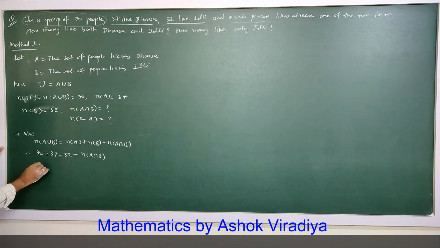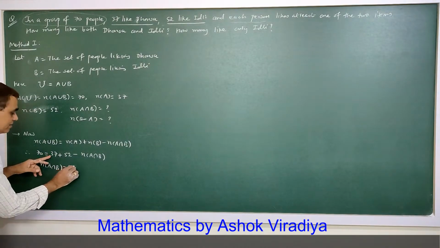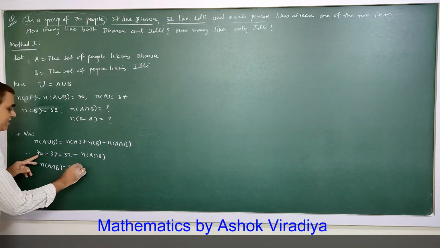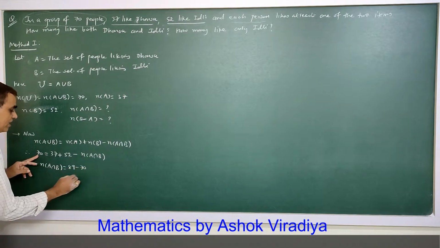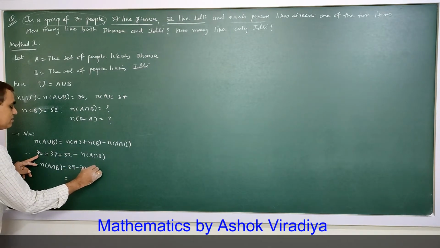So the number of elements in A intersection B is 37 plus 52, 89, minus 70. So that is 19.